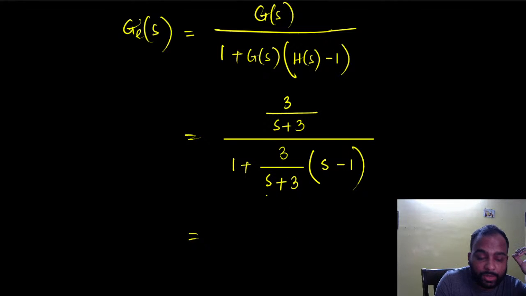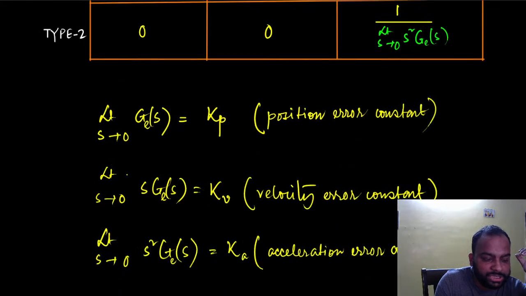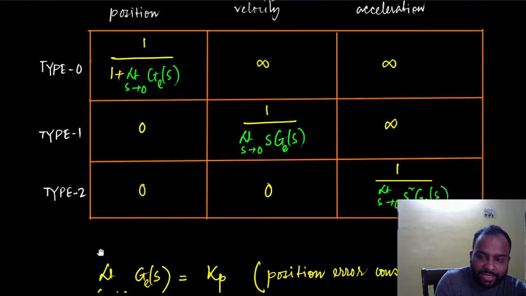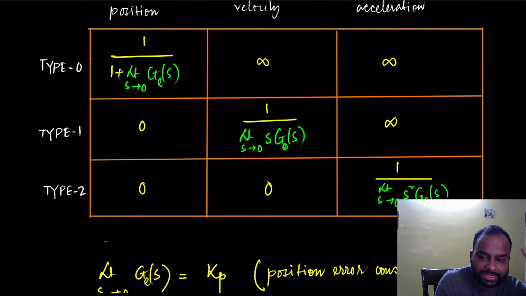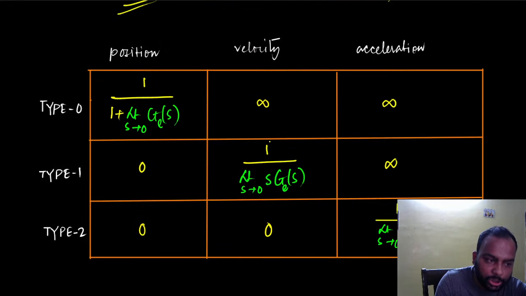actually, someone is asking, is the formula where we use GES valid for any system where HS is not equal to 1? In fact, this is also valid when HS is equal to 1.